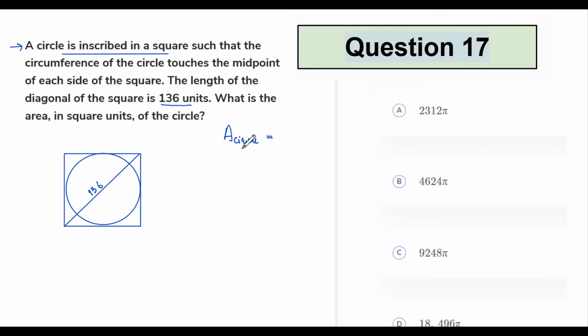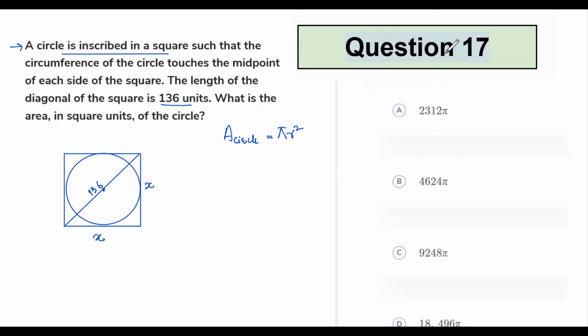Area of the circle is pi r squared, right? Radius we need to find. If this is a square, so if we take this side as x, this side is also x.